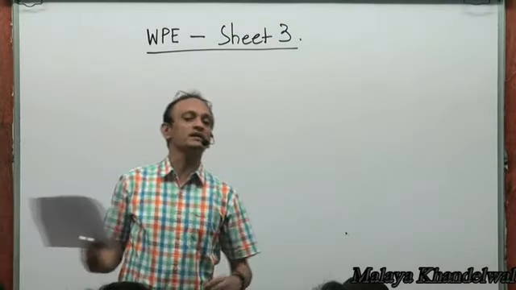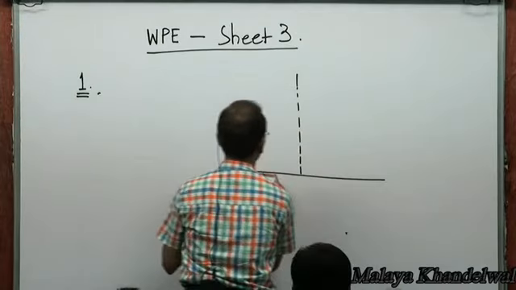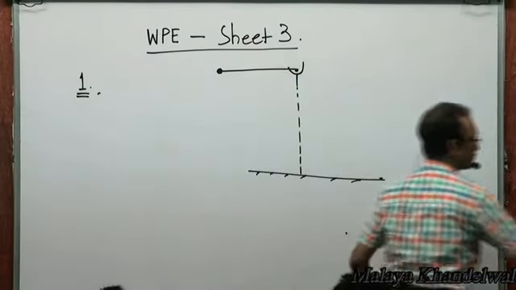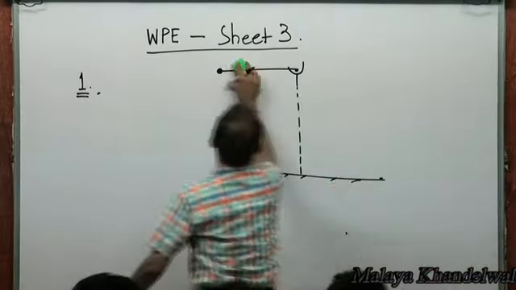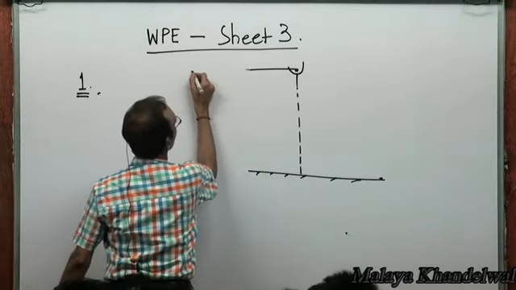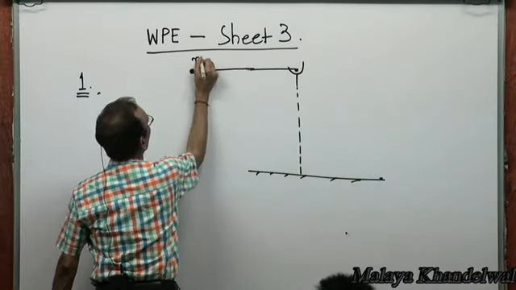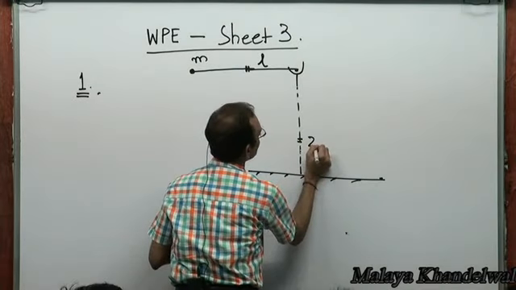So the first problem is about a bob of mass m attached to this point by means of an inextensible ideal string of length L, and the arrangement is placed at a height 2L above the ground.